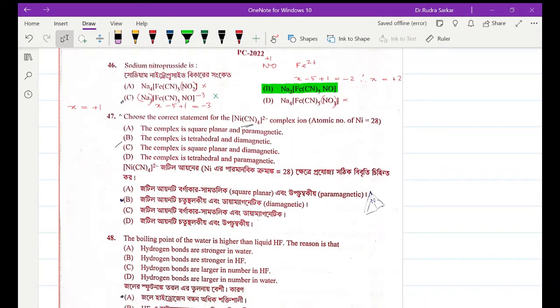Choose the correct statement for the [Ni(CN)4]2- complex. This is a very, this question has come many a times. Okay, the thing to remember out here is to calculate the oxidation state, and this will be equal to +2. So nickel 2+ means over here a d8 system.